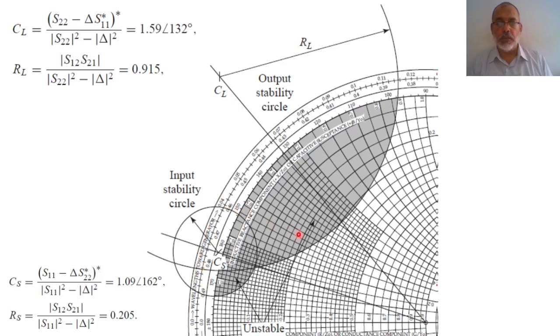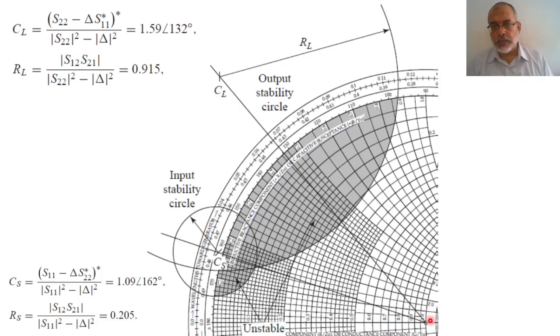For the load stability circle, at the beginning, we are going to determine the location of the center. As I said, from the center of the Smith chart to the edge of the Smith chart corresponds to unity.